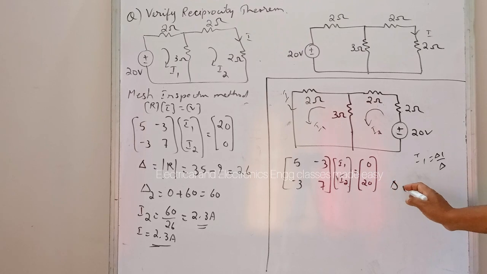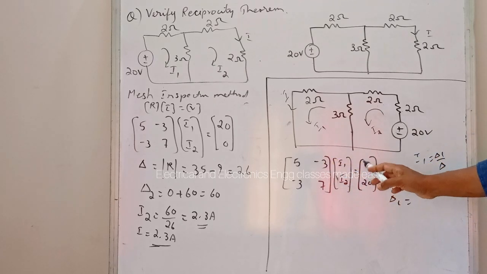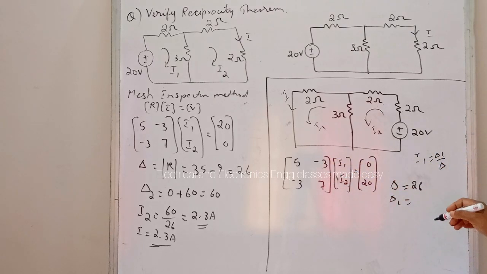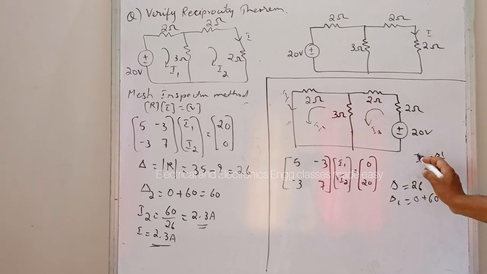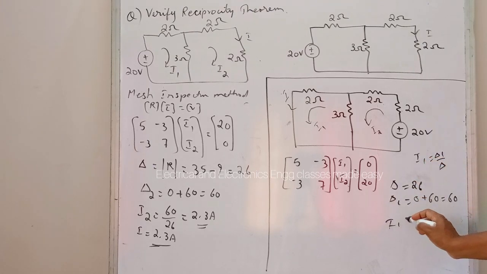Delta is equal to 26 and delta 1 is found by changing the first column elements with the voltage elements, and we get 0 plus 60, which is equal to 60. Then I1 is equal to delta 1 divided by delta, that is 60 divided by 26, which is the same as in that case, that is 2.3 ampere.